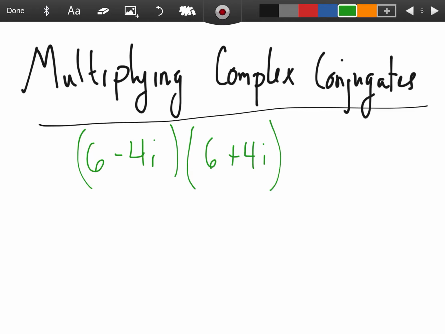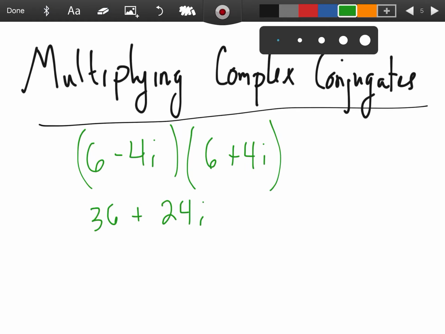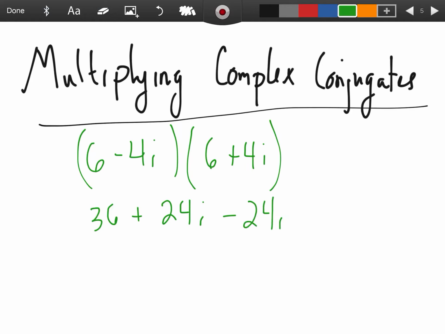And this is going to really show us why complex conjugates are important. 6 times 6 gives me 36. 6 times 4i gives me 24i. Negative 4i times 6 gives me negative 24i. And then lastly, negative 4i times positive 4i is negative 16i squared.